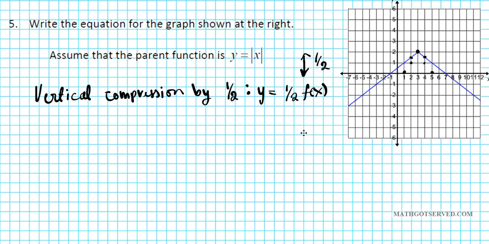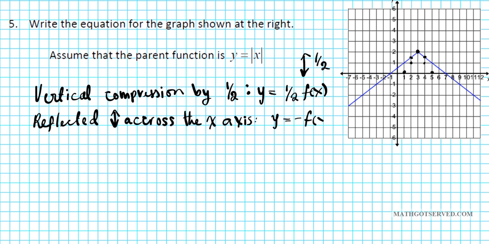It means it has been reflected vertically. So it has been reflected down, or vertically across the x-axis, and what does this mean? It means we have y equals negative f of x. Negative f of x means a reflection vertically.